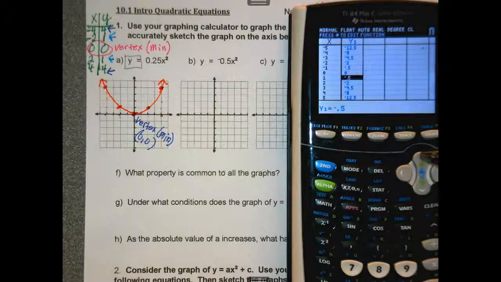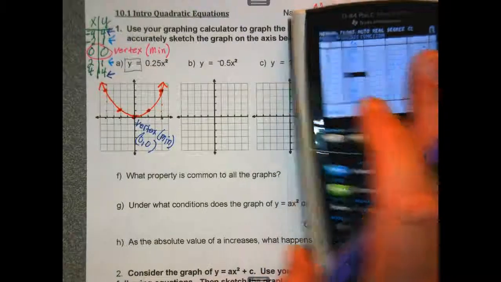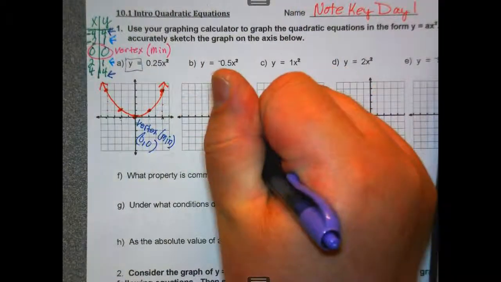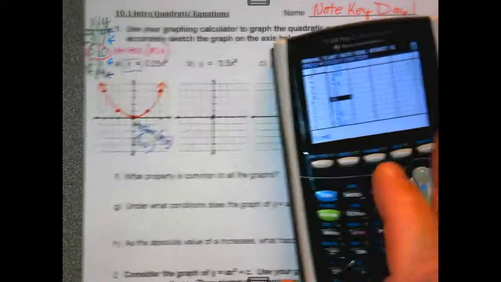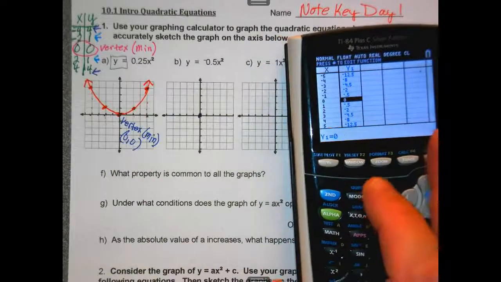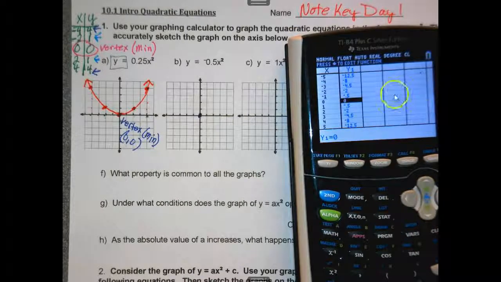See how I got negative 0.5, negative 0.5, negative 2, negative 2. And again, I'm going to use my whole numbers. So I'm going to use 0, 0 for my vertex.